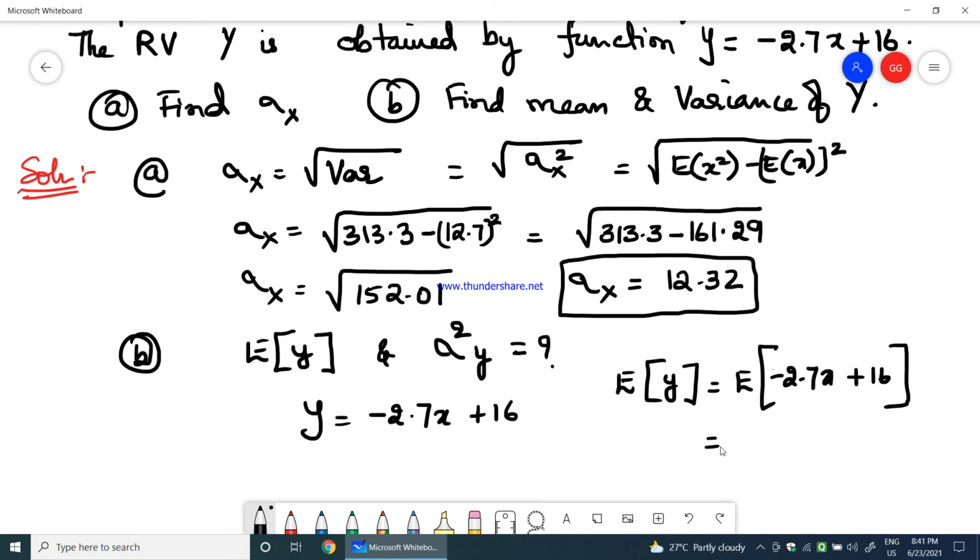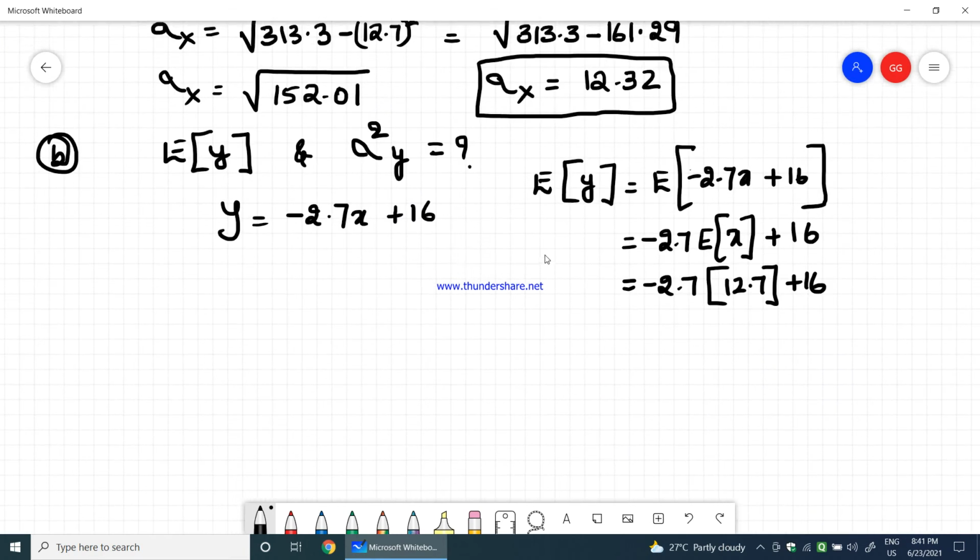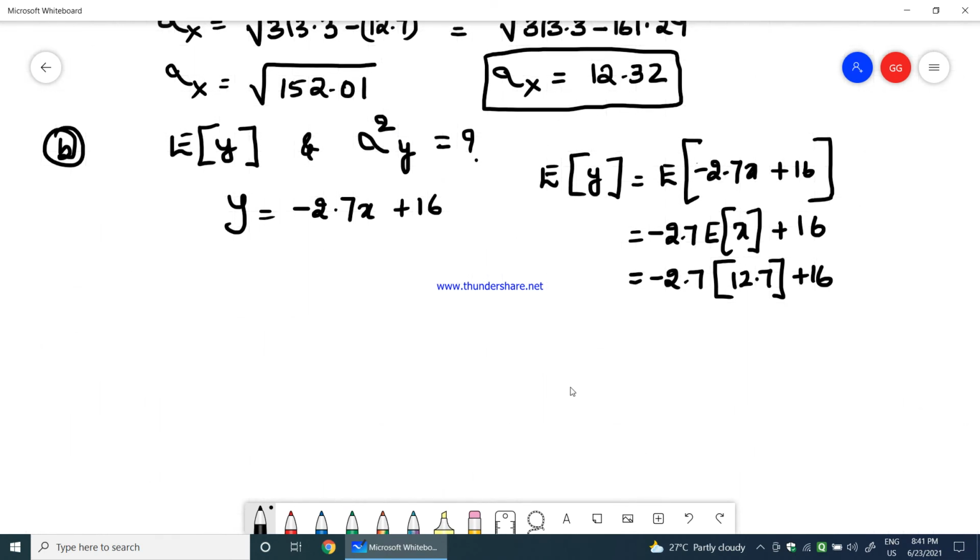So therefore I can say minus 2.7 is a constant that comes out multiplied by E of x, plus expectation of 16 is 16. So which is equal to minus 2.7 into 12.7 plus 16, because 12.7 is what is given in the question as E of x. So if you multiply 2.7 into 12.7 and subtract that from 16, you get minus 18.29 as the answer. So this is the expectation or mean value of y.